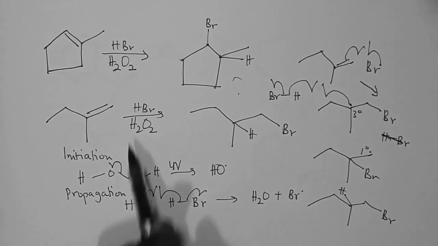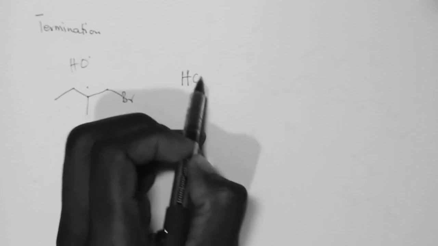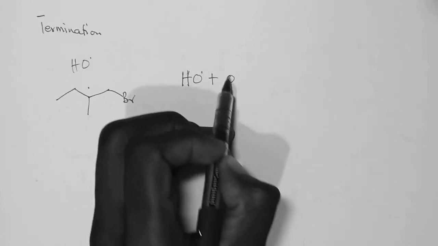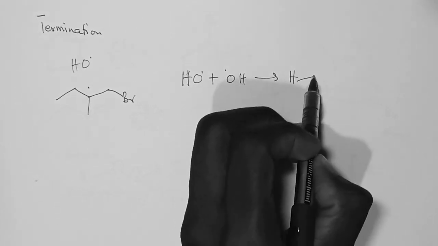So now, because it's a radical reaction, we need to talk about the termination step. Remember that in solution, we produce this radical, and then we also produce this radical. So in the termination step, the HO radical will combine with another OH radical to give us back the hydrogen peroxide again.